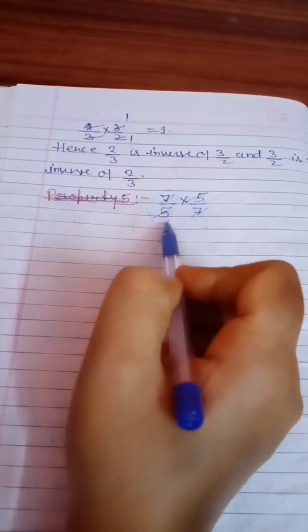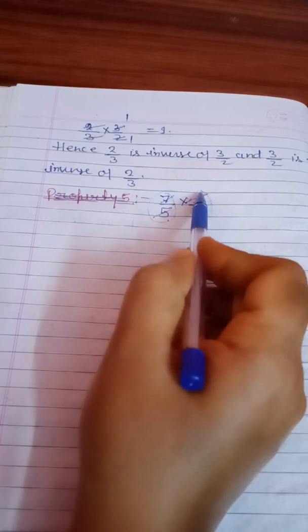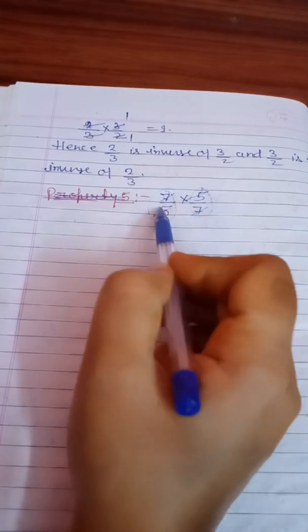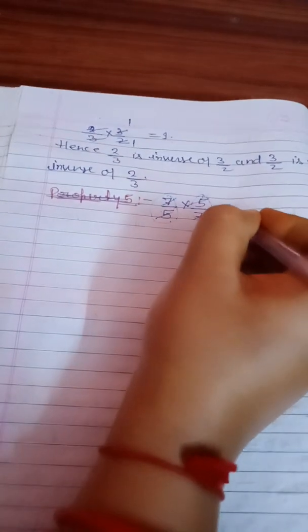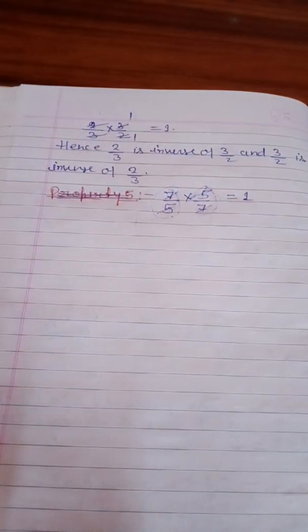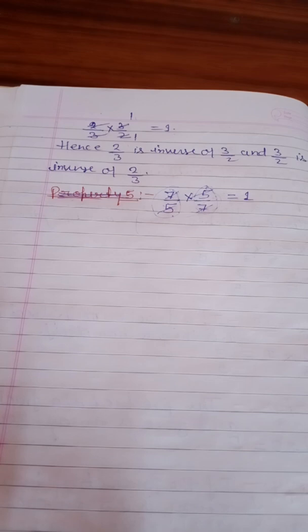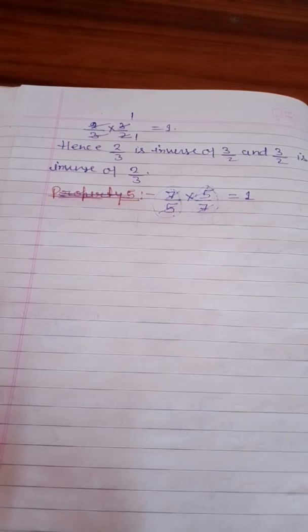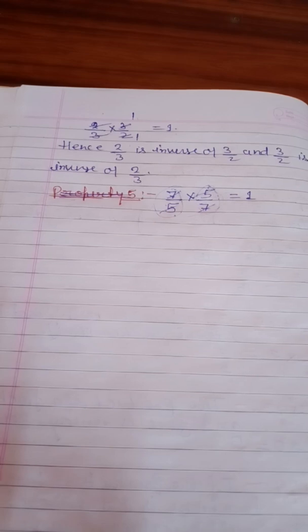So 7 upon 5's inverse will be 5 upon 7, and 5 upon 7's inverse will be 7 upon 5, and in both conditions the result comes to 1. Means if we multiply any two fractions and their result is equal to 1, it means one fraction is the inverse of the other fraction.